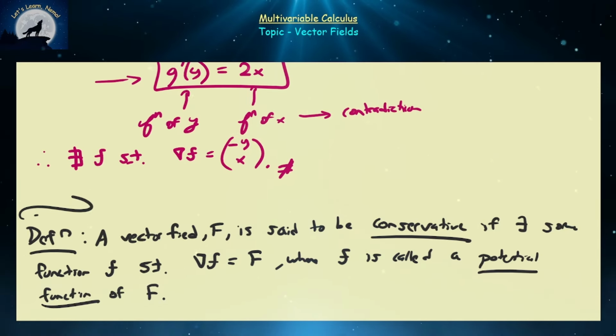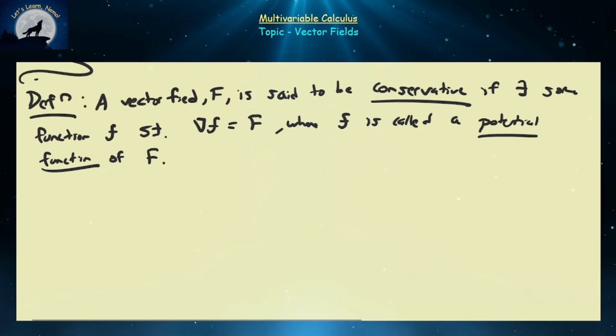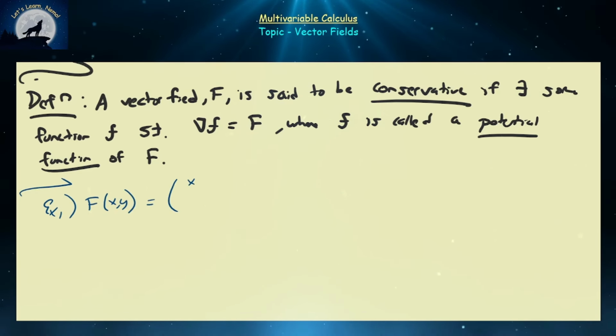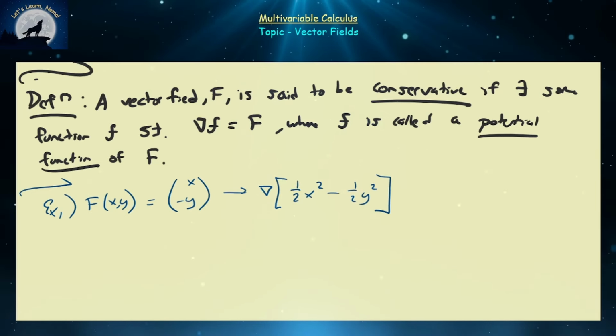So not all vector fields have potential functions. We've just done an example of that. And let's actually give an example of one that does and one that does not. All right, so example 1. If capital F of x, y is equal to x, minus y, then we know that the gradient of 1/2 x squared minus 1/2 y squared will be equal to F of x, y.